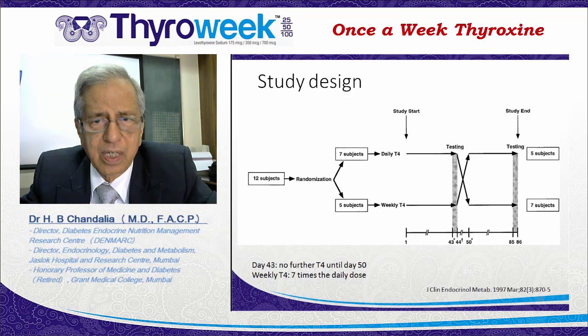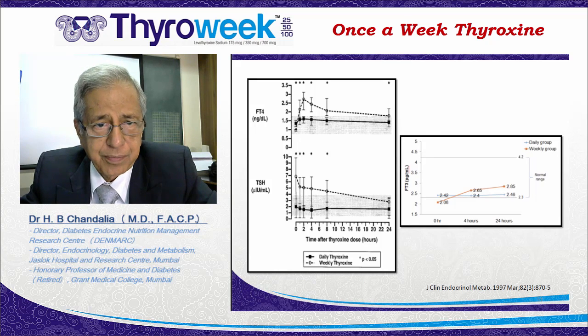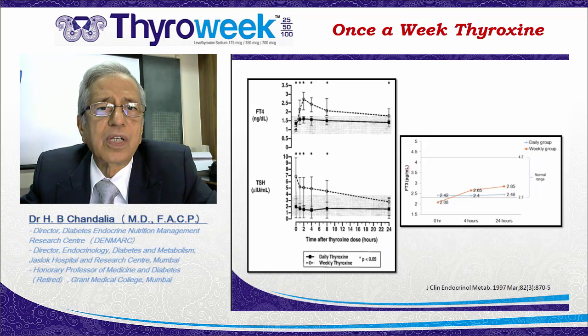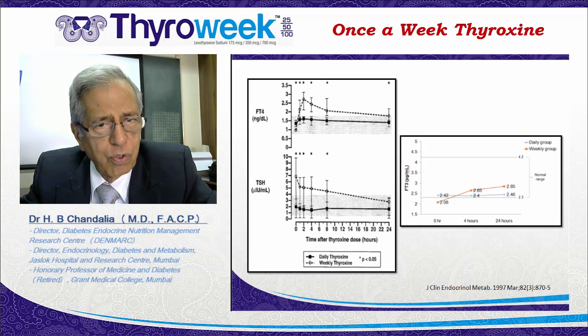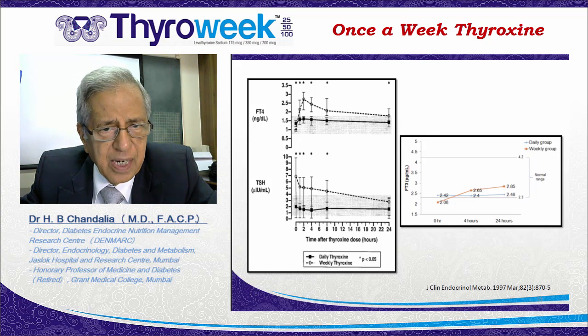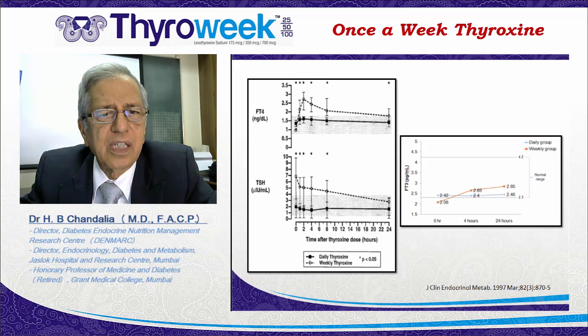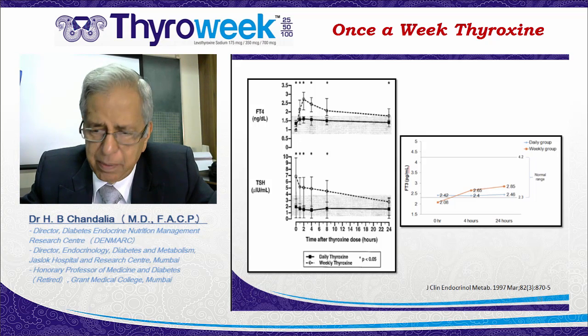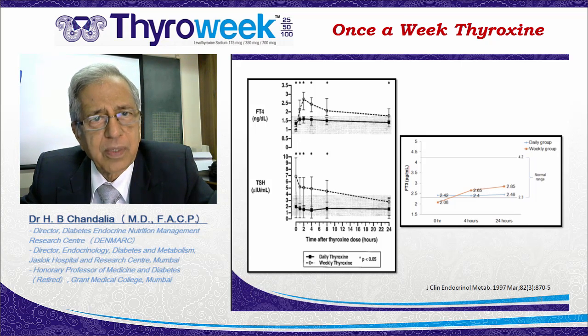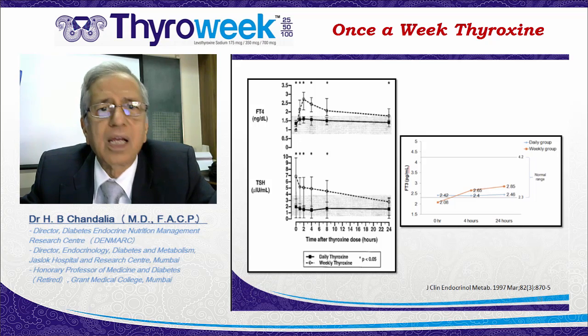With the crossover, they came to the conclusion that the free T4 level, TSH level and T3 level achieved were similar in the weekly doses as in the daily doses, except that for a transient period of 2 to 4 hours after administration of a weekly dose, the rise in T3 and T4 was slightly more than what occurred with the daily dose.